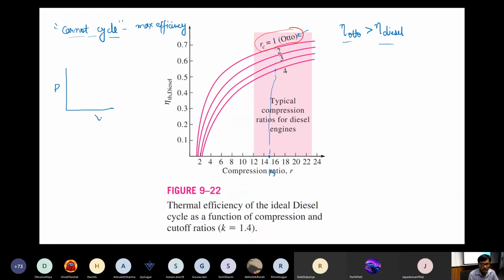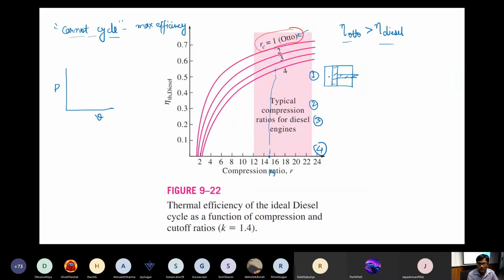Okay, remember how this Carnot cycle would look on a PV diagram? We told that we have a hypothetical piston cylinder arrangement, with states 1, 2, 3, and 4.